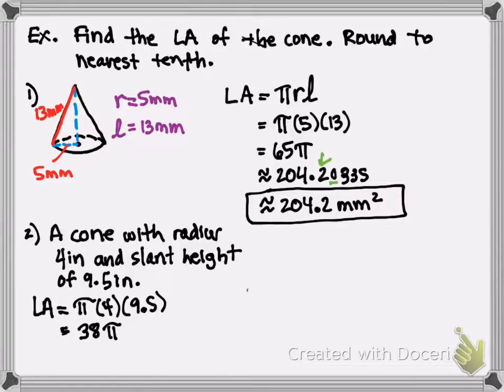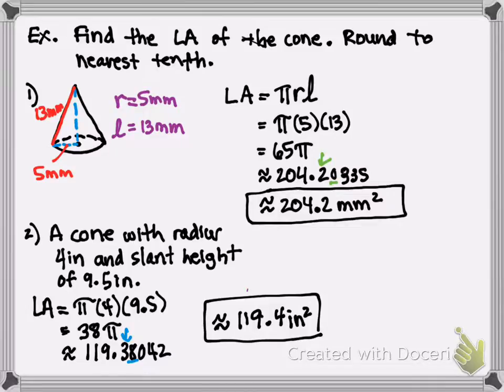So now I multiply 38 times 3.14159, and I get approximately 119.38042. Then I need to round to the nearest tenth. The 8 is definitely large enough to boost up the 3 to a 4. And so my final answer would be approximately 119.4, and now I put in my label, square inches.